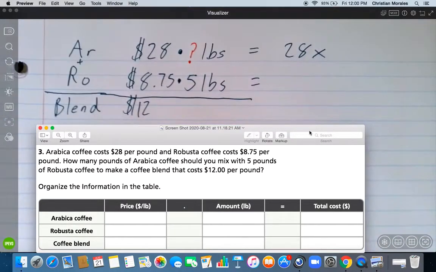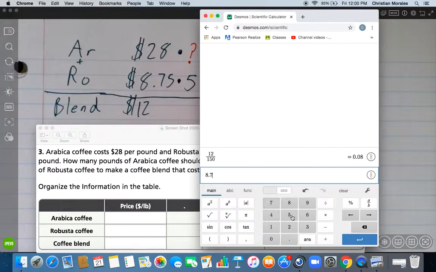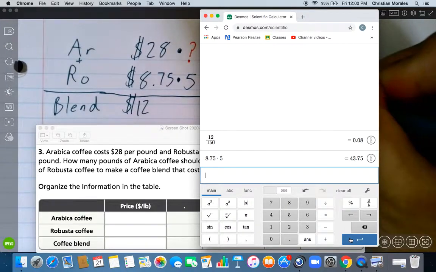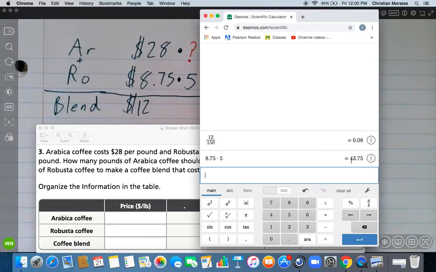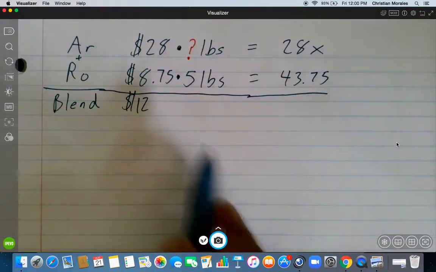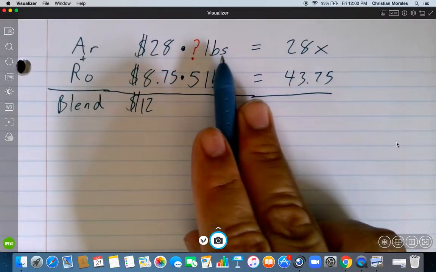So I take my calculator. 8.75 times 5 is 43.75. This is how much it would cost for the 5 pounds here. We don't know how much this one would cost because we don't know how much to mix.